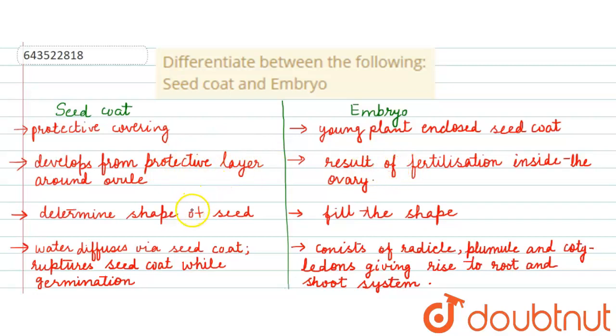The third difference we mentioned that seed coat actually determines the shape of the seed, whereas embryo is the one that fills the shape that is already determined by the seed coat. And in the last difference we mentioned that water diffuses through the seed coat into the embryo causes the swelling and rupturing of seed coat during germination, whereas in embryo we mentioned that it consists of radicle, plumule and cotyledon, which gives rise to root and shoot system of the plant.